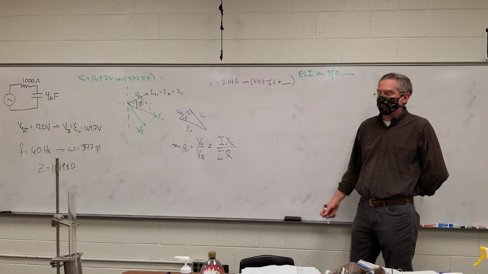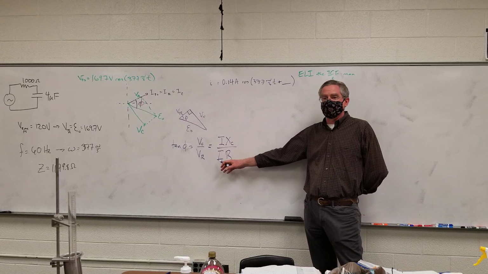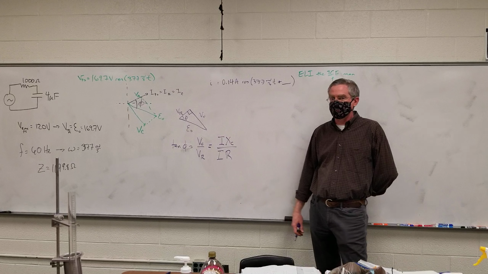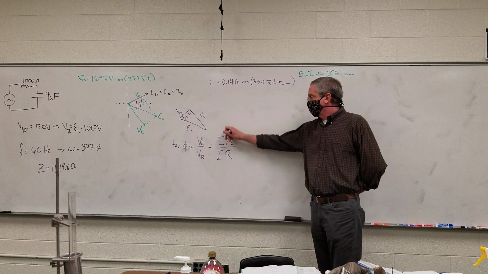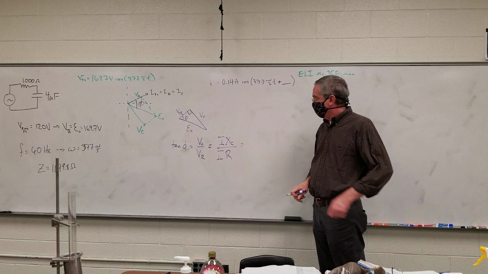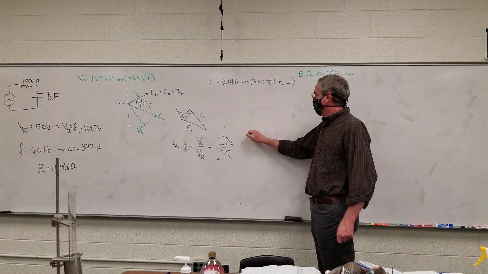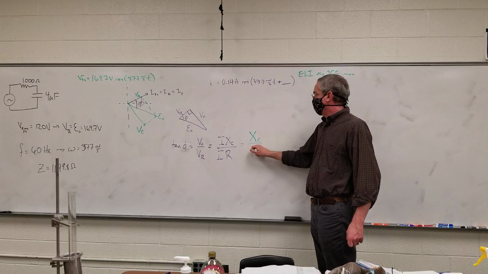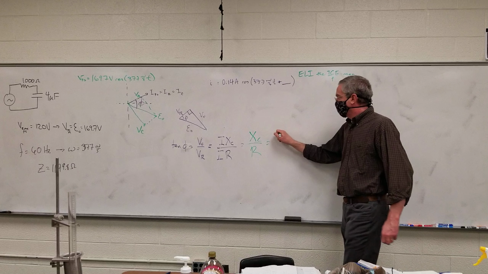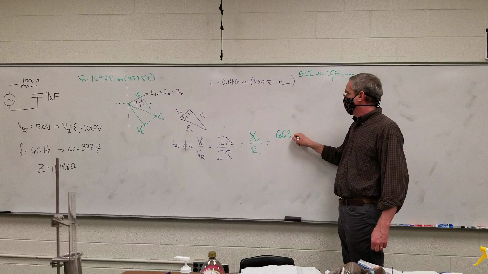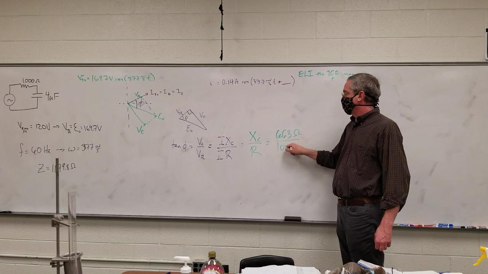I could throw an extra step in there and label this I sub C and I sub R, but it's the same current for this particular problem. Currents cancel out, and I'm left with my capacitive reactance divided by my resistance, which was 663 ohms divided by 1,000 ohms.